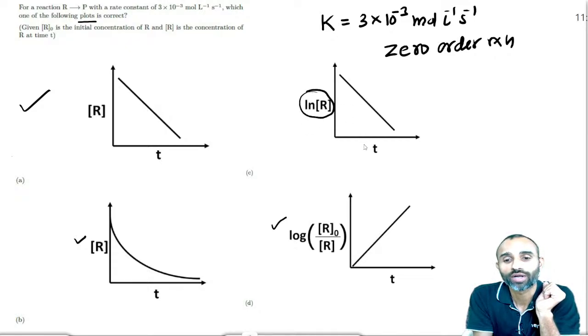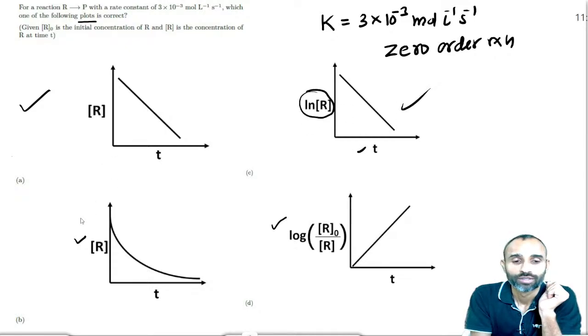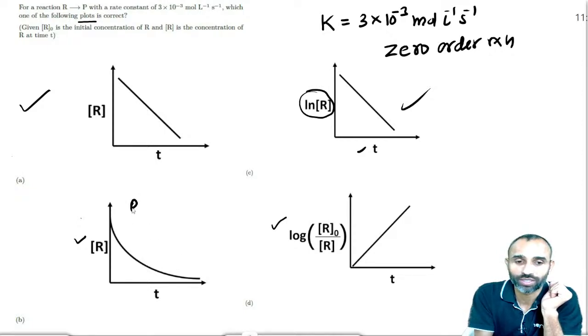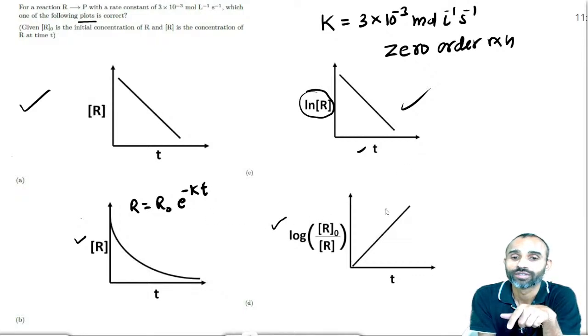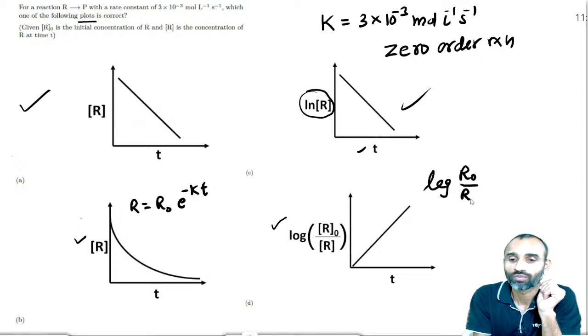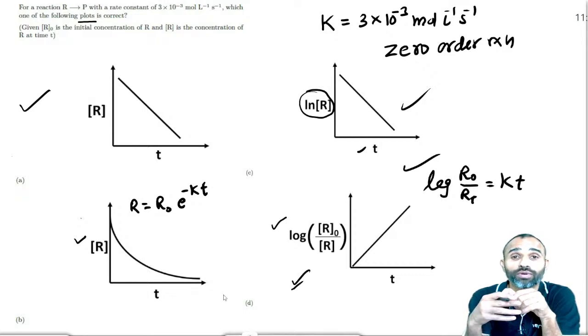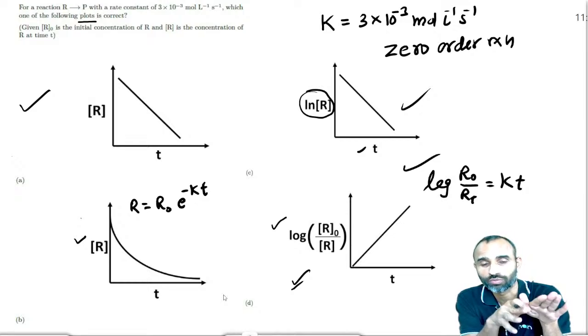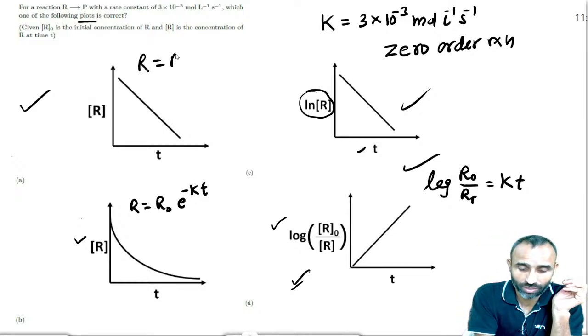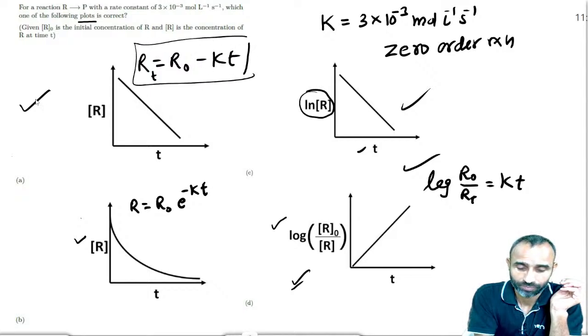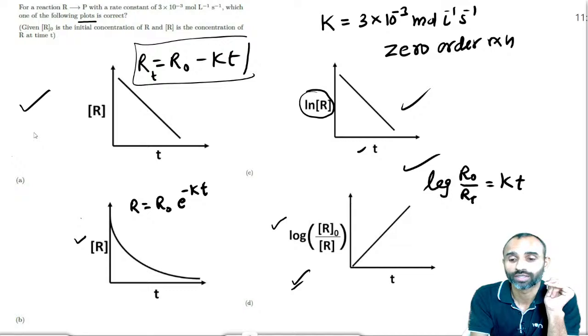Natural log of R versus t, exponential is R equal to R naught e raised to power minus kt, right? Log of R naught by R equals kt. All others are for first order. Only the first option is for zero order, because it is R equal to R naught minus kt. Option A is correct.